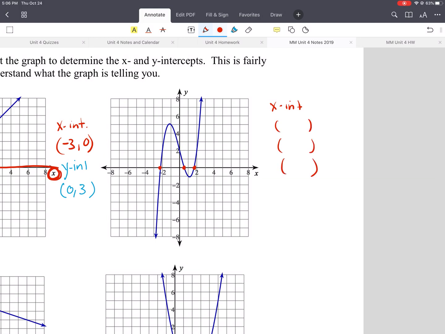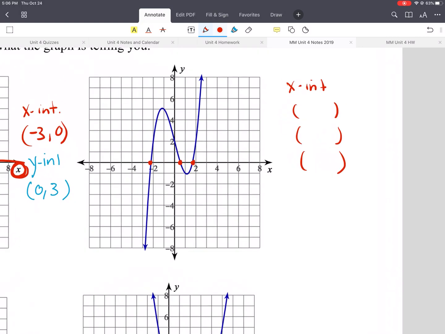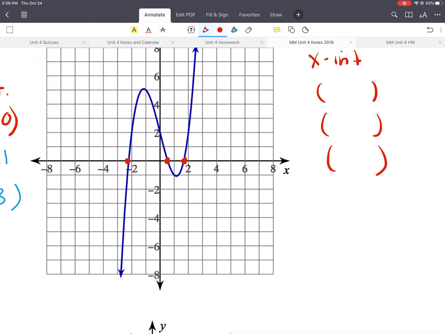Some of these you're just going to have to make an educated guess, since you can't really see that it crosses at a perfect location. For the first one, it looks like -2 1/4.